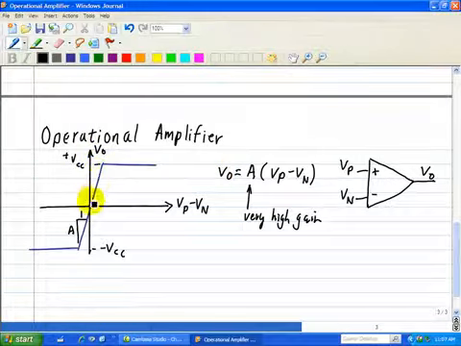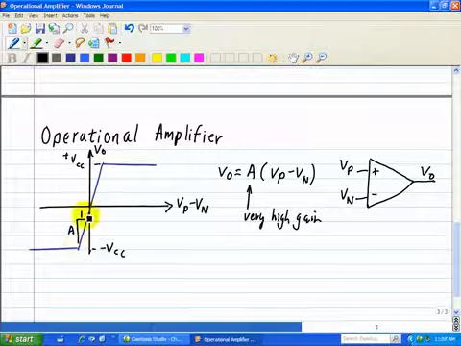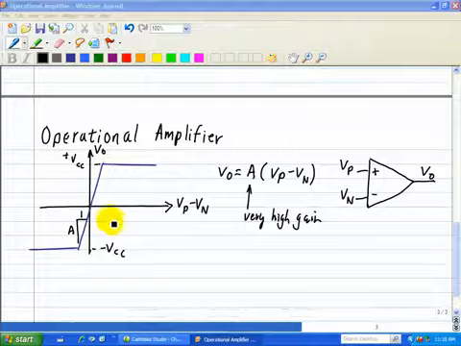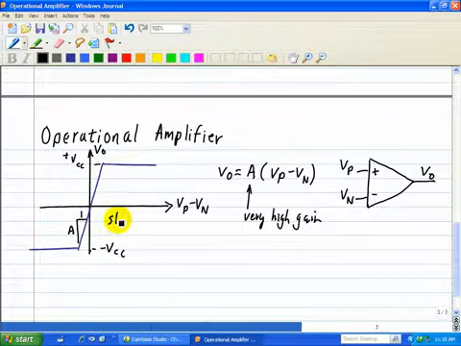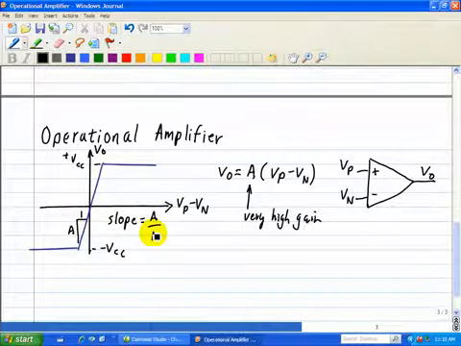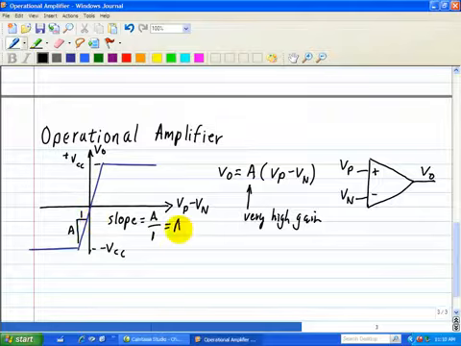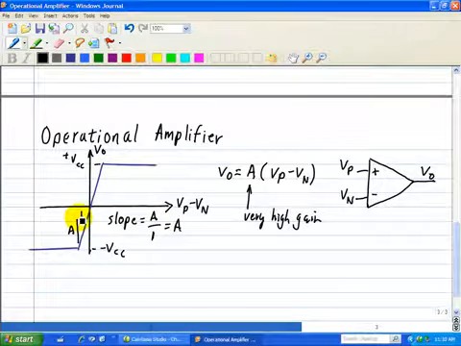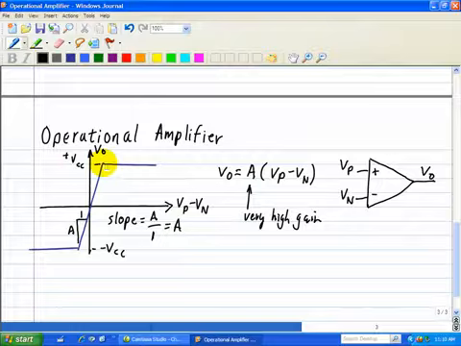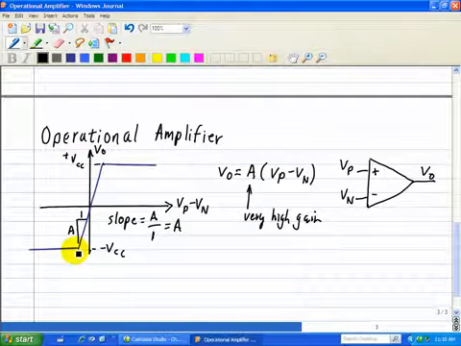So here along this linear region, this line is our gain. Our slope has a rise of A and a horizontal run of 1. So in other words, the slope has a gain of A. And this is a very steep slope. As I mentioned before, it has a very high gain. Such a high gain that it saturates very quickly to our positive and negative power supply.